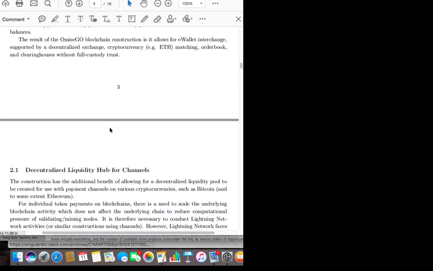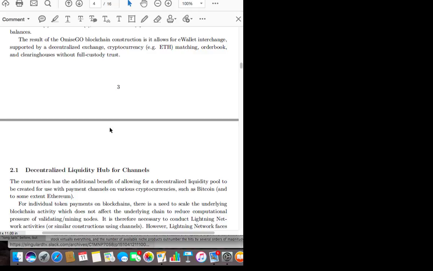But it basically goes on to say that with all this construction, it allows for the interchange. It supports the DEX, we talked about that. It obviously does cryptocurrency matching, an order book, and clearinghouses without full custody trust. Full custody trust, just as an example to put in your mind, would be like Poloniex or Coinbase.